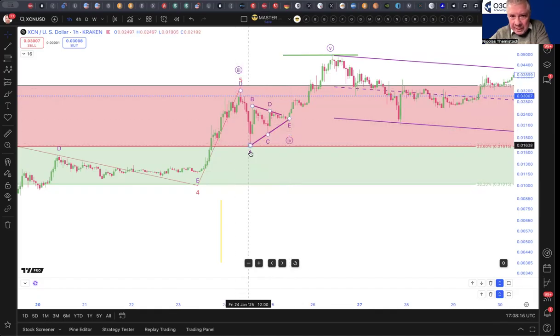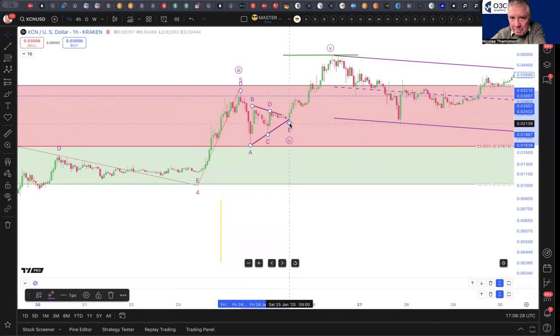You can see this range has been getting narrower, so if this particular point here fell below that C, then it's probably not a triangle, it's some other pattern, and it was better to let go of this thing and have a look later.